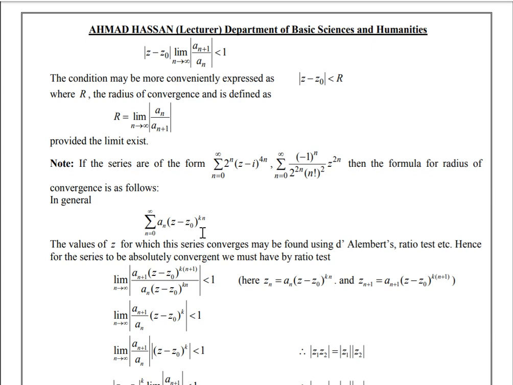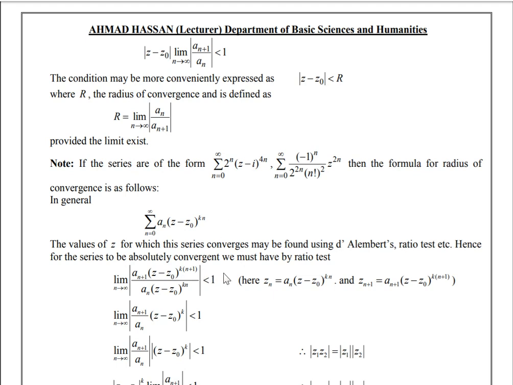Let us take the general power series, an into z minus z naught power kn. If we choose k equal to 1, then we get the previous formula. If k is any other number, then we follow just like we did in the previous process.